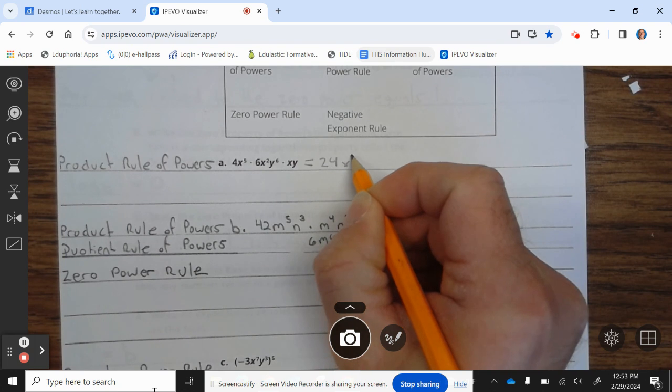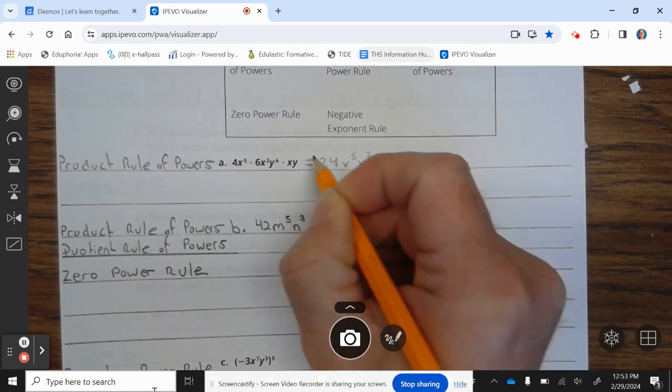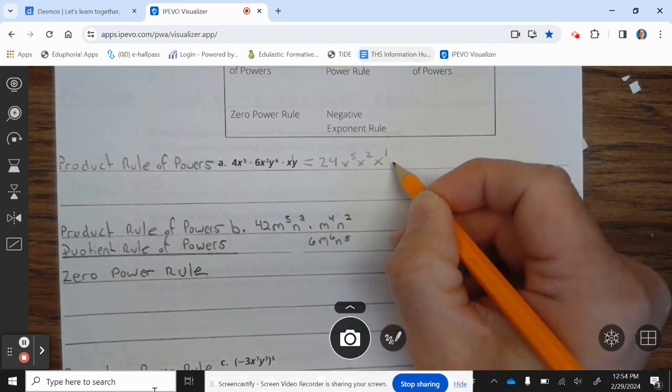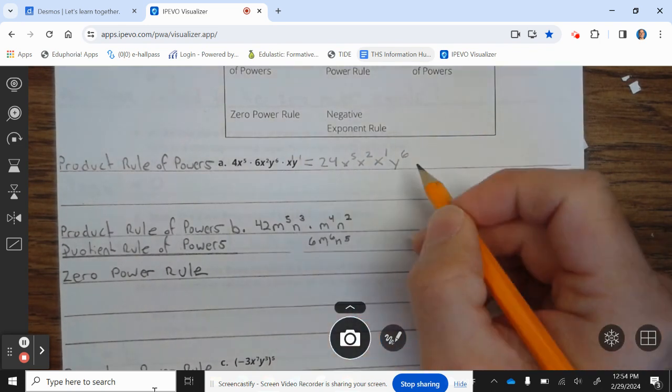And then we have x to the 5th, x squared, x, technically that's to the first power. And then we have y to the 6th and y to the 1st.